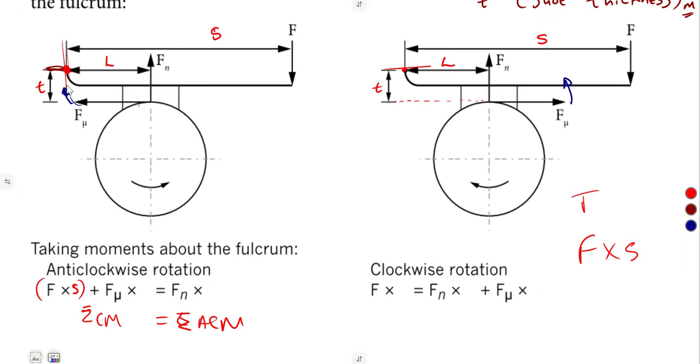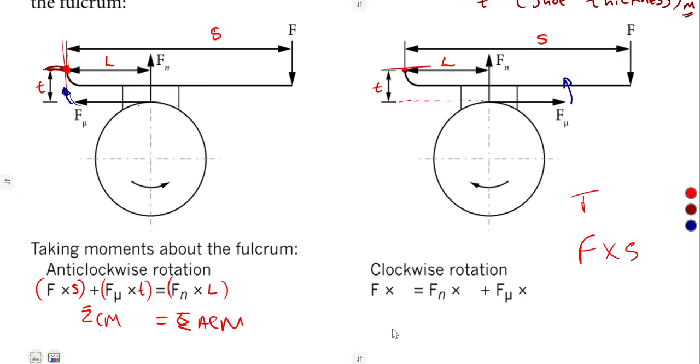For the frictional force, you take the distance as the thickness. All right, so that's your clockwise. Anti-clockwise, we only have Fn to the fulcrum times the distance. What is the distance? It's L.